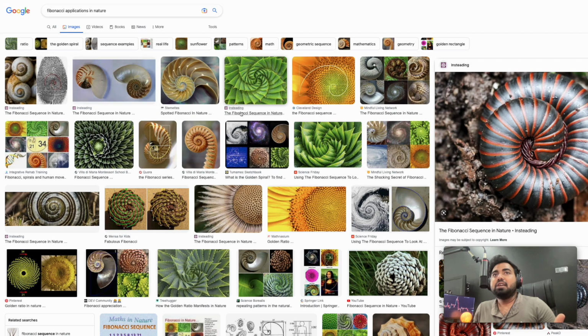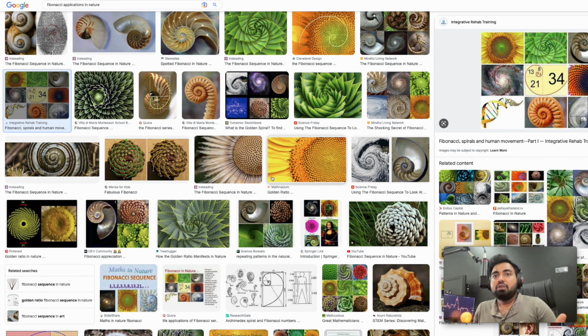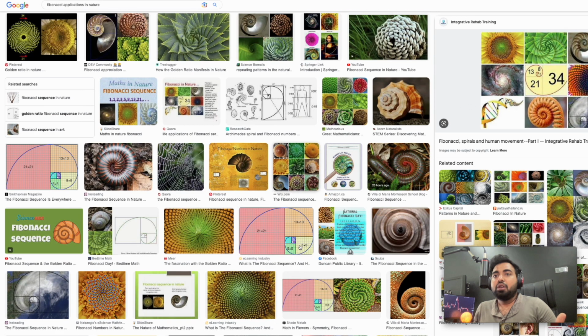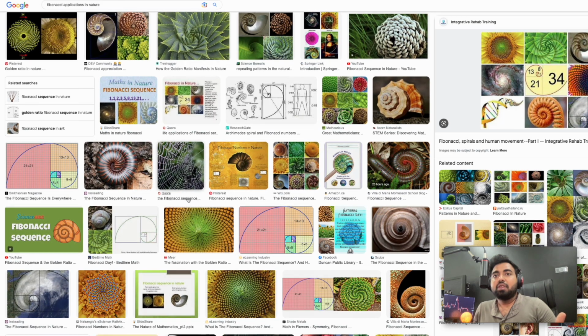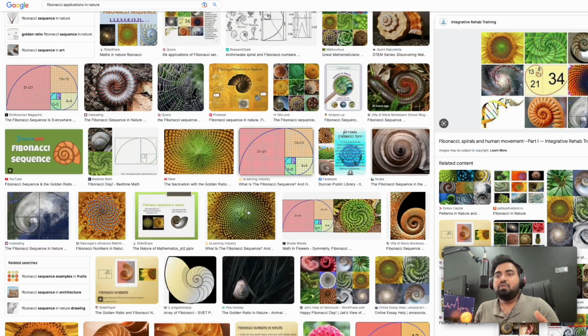You can see here, guys, that pattern I previously showed, in sunflowers, and you can see it in our DNA and all the other things. Even our Milky Way. So you can see, guys, this is really a very interesting topic, Fibonacci.